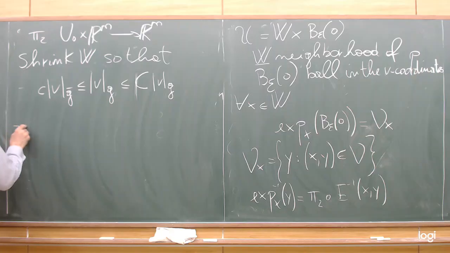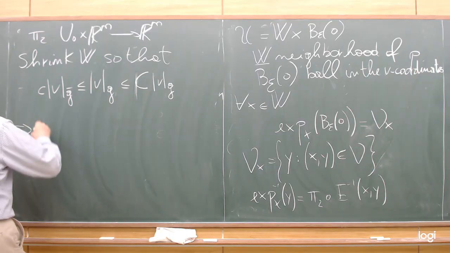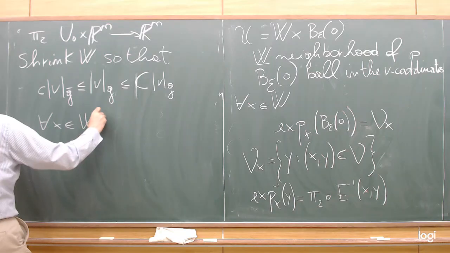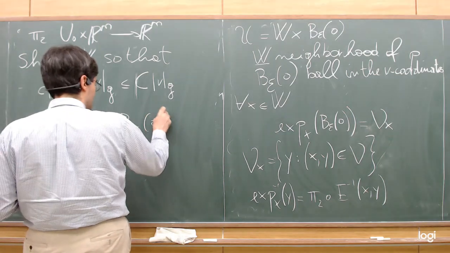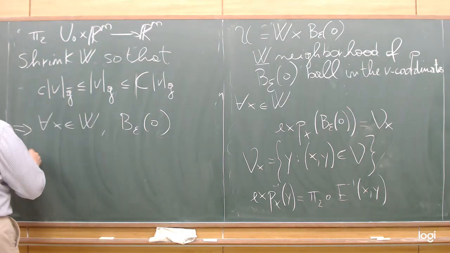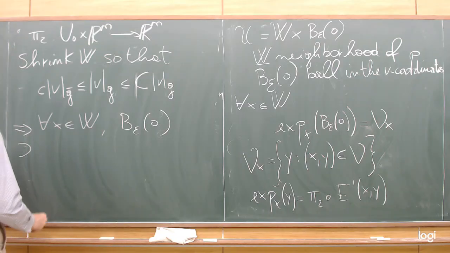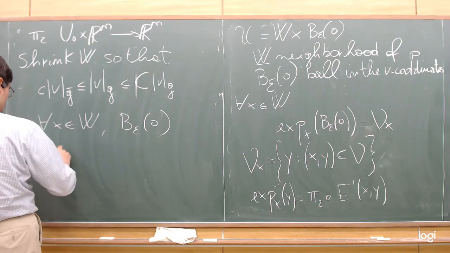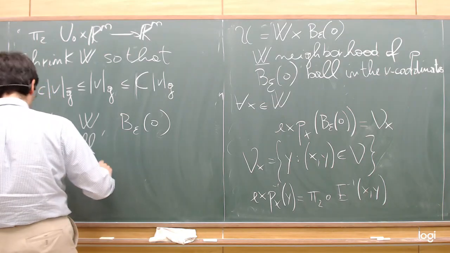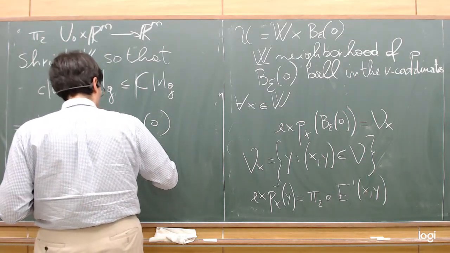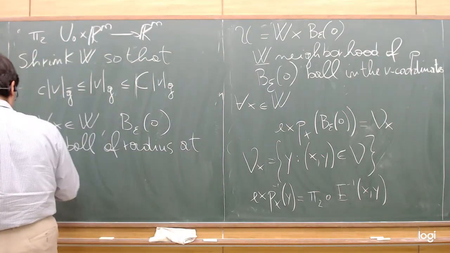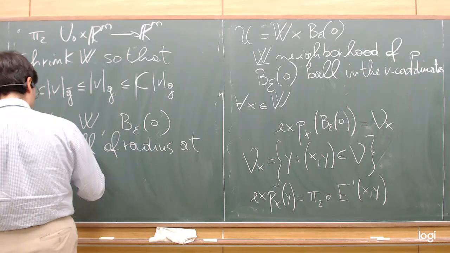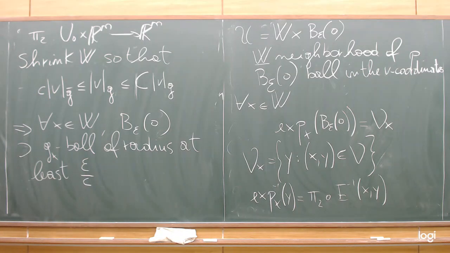So this says that for each x in W, B_epsilon(0) contains a g_x ball of radius at least epsilon over C. So this follows from this inequality here.